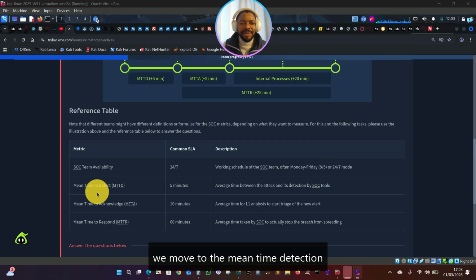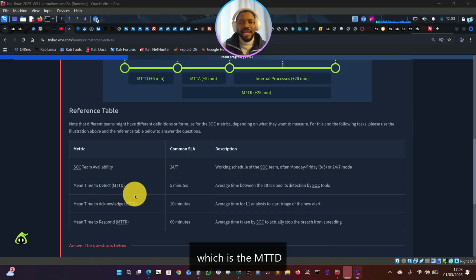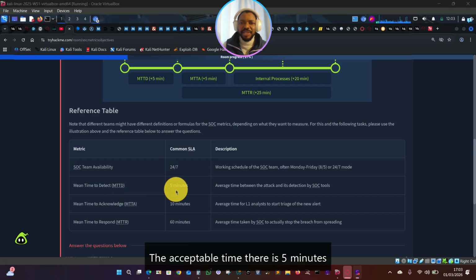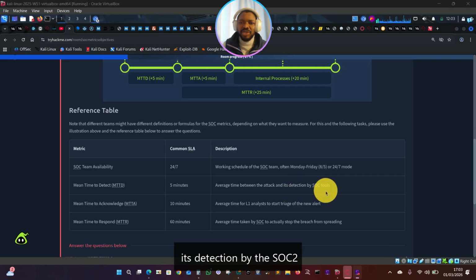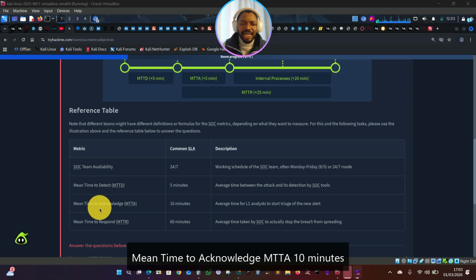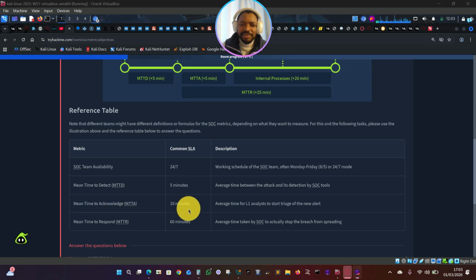Now we move to the mean time to detect, which is the MTTD. The acceptable time there is 5 minutes. The description is it averages the time between the attack and its detection by the SOC tool. Now we move to mean time to acknowledge, MTTA, 10 minutes.